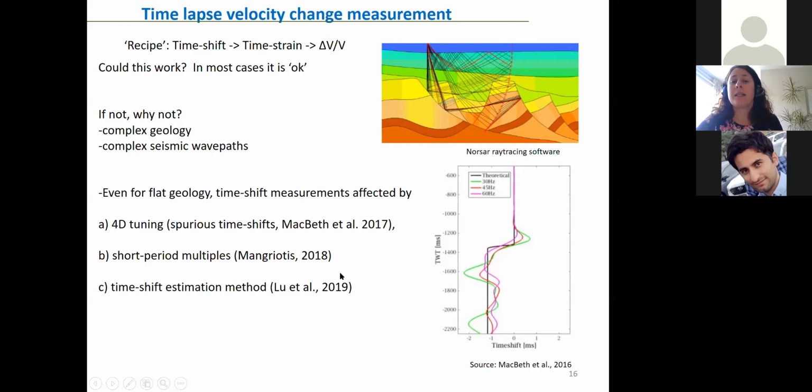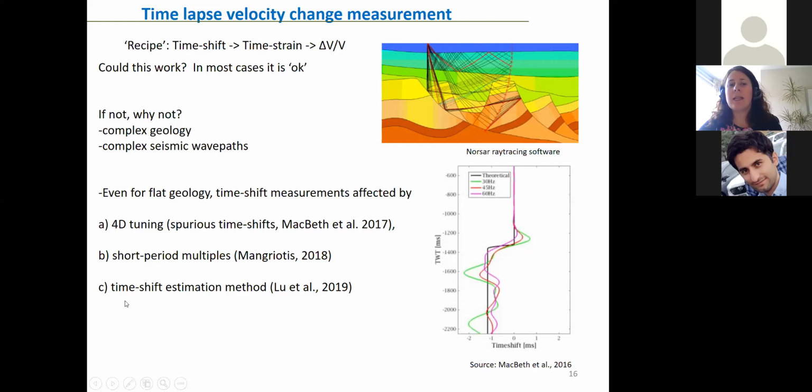In addition, if you have very thin bed geology, all these short period multiples will interfere differently between baseline and monitor. So you will have an additional time shift due to these short period multiples that are never really removed. I mean, we're doing our best with processing to remove multiples, but if you ask any processor, they will say that if they are short period multiples and you have very thin layers, most definitely they're still there even after multiple removal methods.